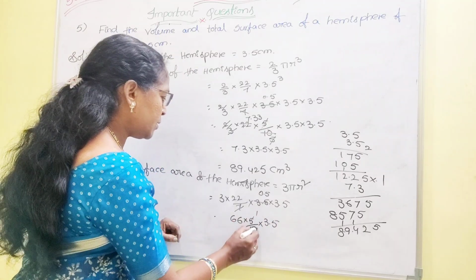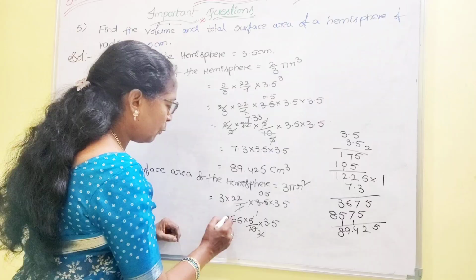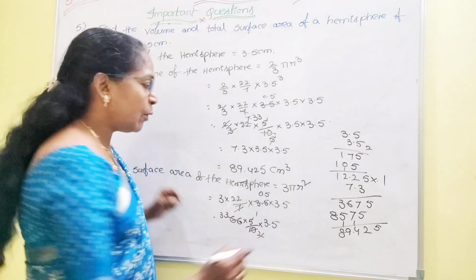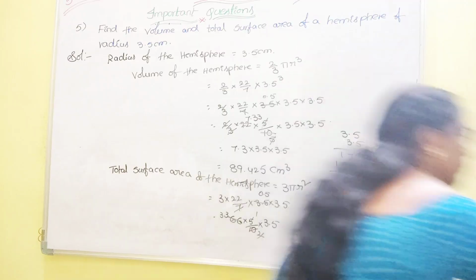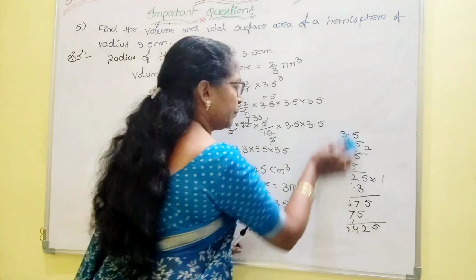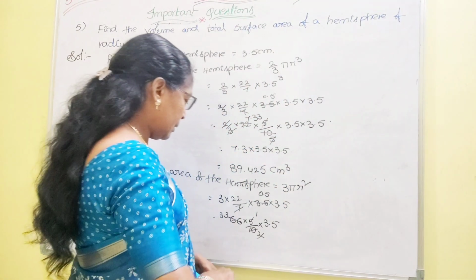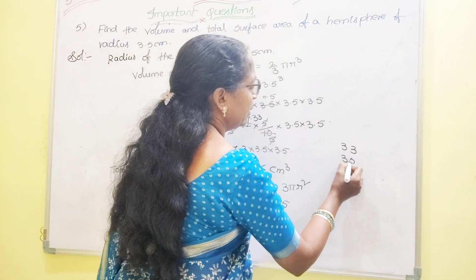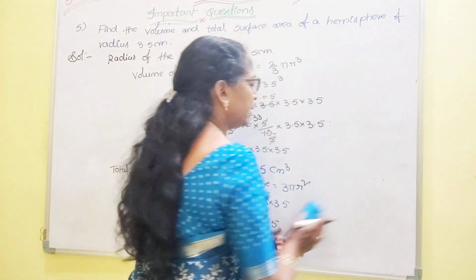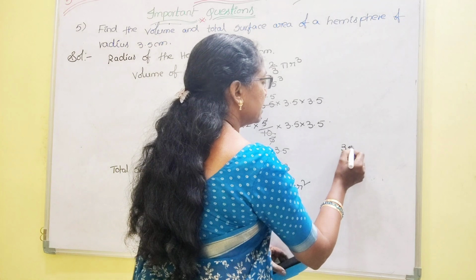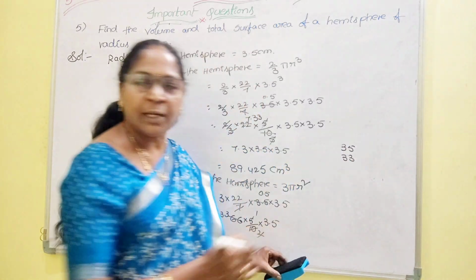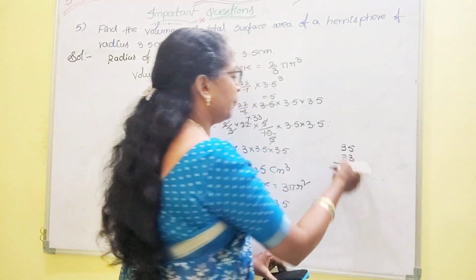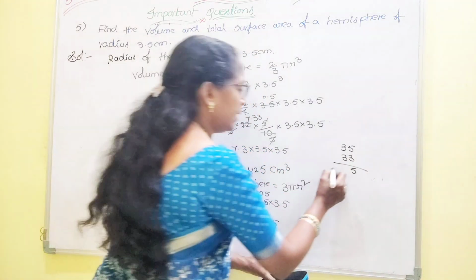So 5 ones are 5, 5 twos are 10, 2 in this 33 times. So 33 into 3.5 directly you can multiply. Here 33 into 35 or 35 into 33, anyway this is easy. Why? Because repetition of a number, one time only can multiply, directly can write the value. 3 fives are 15, 3 threes are 9, 9 plus 1 is 10.